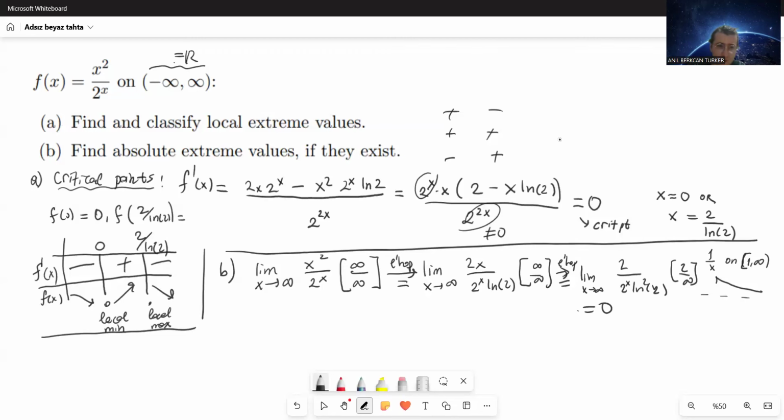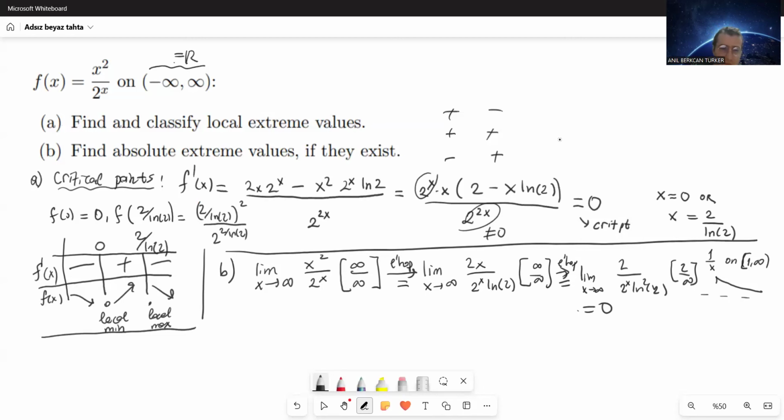When you evaluate at this part, 2 over ln 2 squared over 2 to the power 2 over ln 2. Maybe in this form it is not good. Can we simplify? This is not in the numerator, yes.